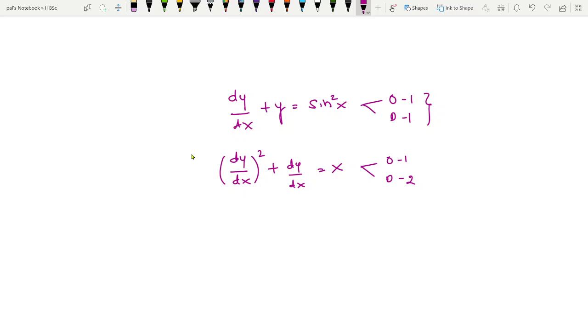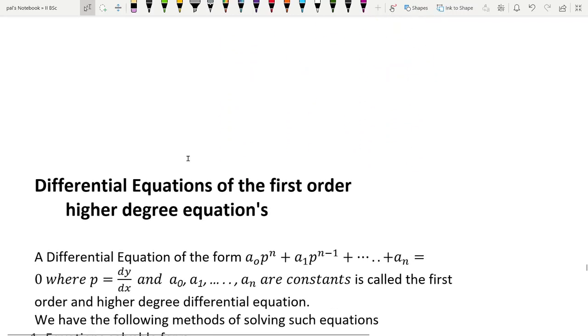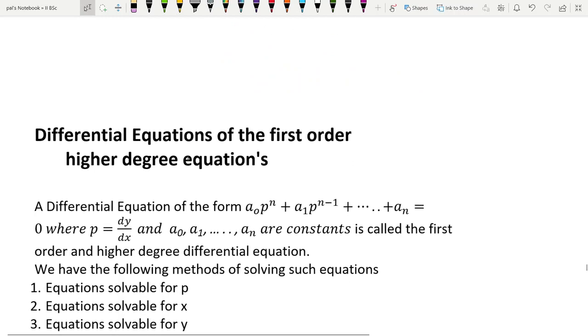If the degree is more than 1 and its order is 1, that is the first order higher degree, and we call that differential equation a first order higher degree differential equation. So let us see how to solve that type of equations.